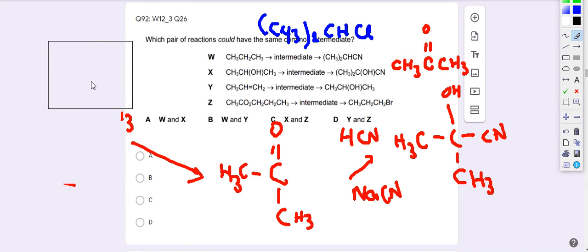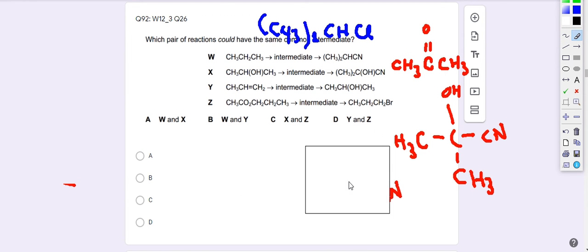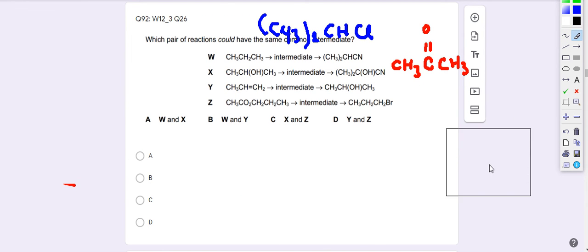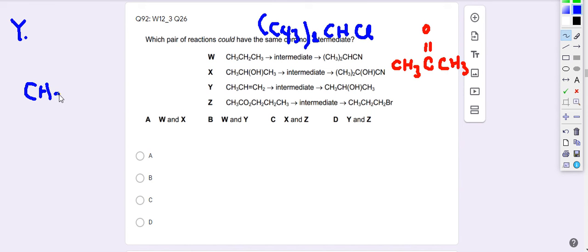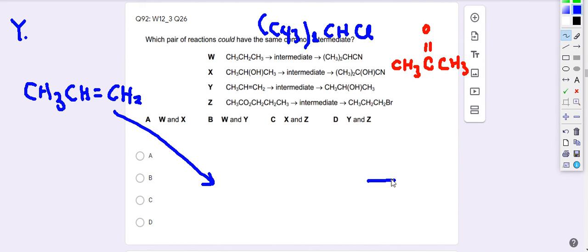Again, I'm going to erase this. And let us now look at reaction Y. Reaction Y is from an alkene, CH3CH=CH2, to an intermediate, then to an alcohol.